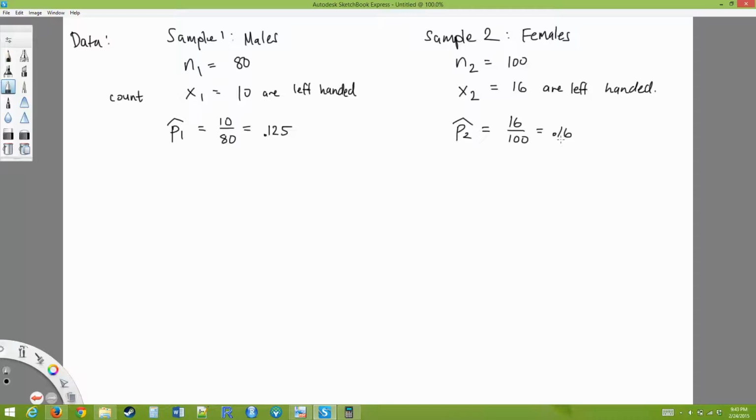When we look at our two samples, they have different proportions of left-handed people. Our samples do not have the same proportion of left-handed people.